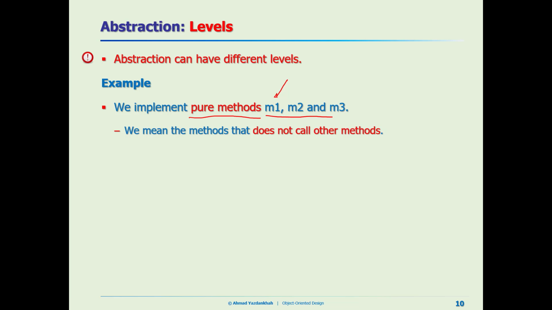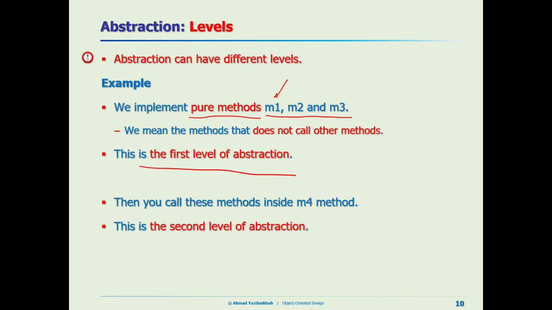Let's say we have three methods, M1, M2, and M3. And this is of course the first level of the abstraction. Now let's assume that we create another method. Let's call it M4. And inside M4, we are calling, let's say, one of these or two of them. It doesn't matter. So in this case, we are creating the second level of the abstraction.